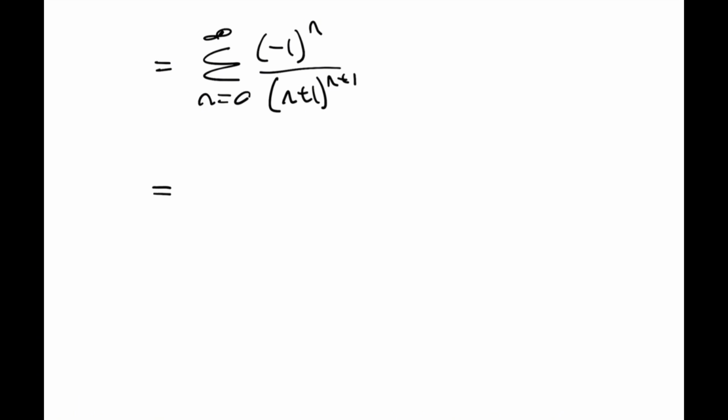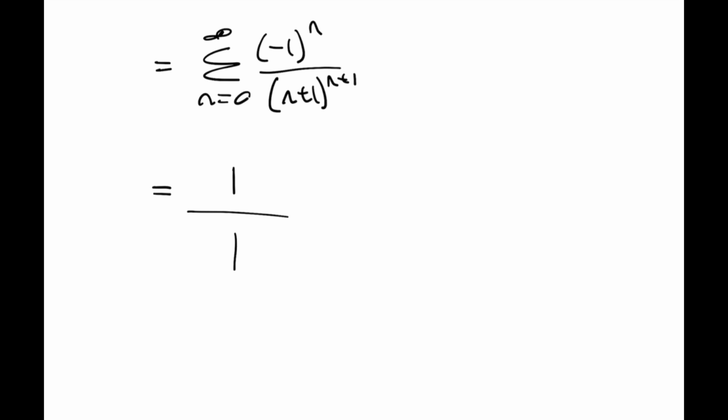So when n is 0, we've got (-1)^0. Now anything to the power of 0 just gives you, well, 1. So we're going to have 1 over, well, n plus 1 to the power of n plus 1, so 1 to the power of 1, 1.